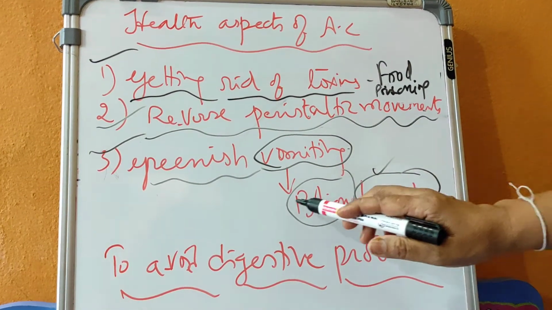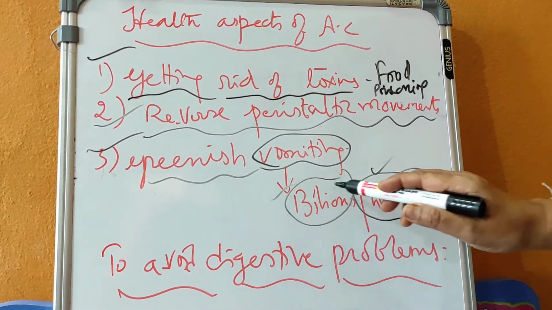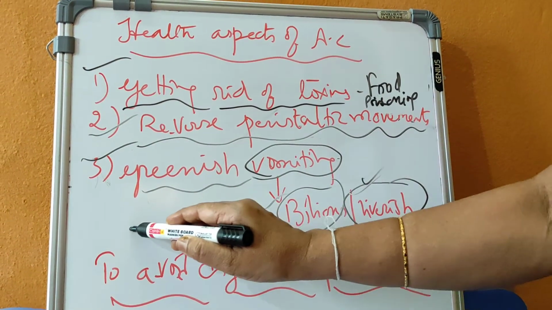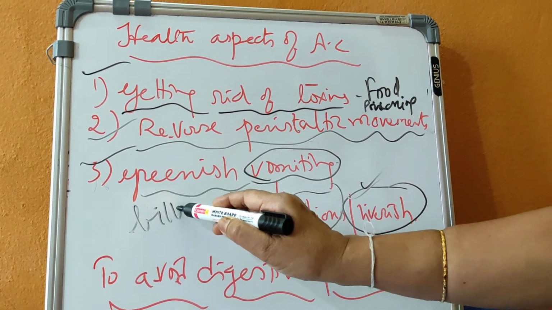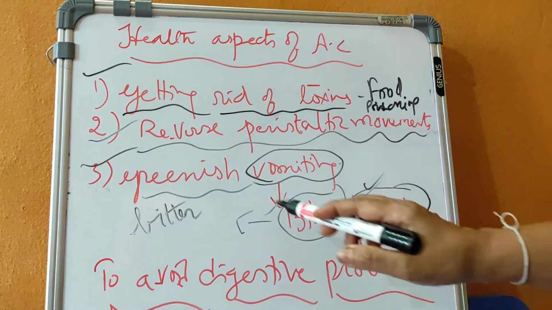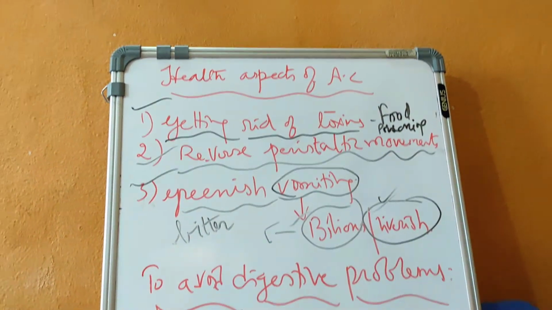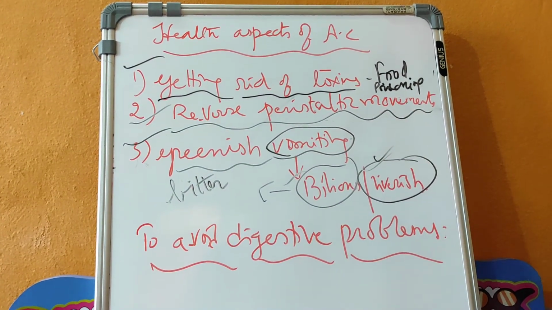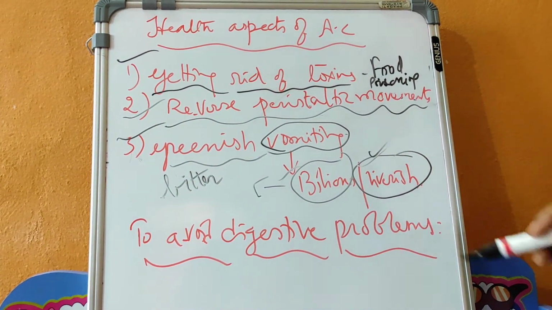This one we have already learned: bilious, or liverish, we say, and this is bitter in taste. What is the taste of this? Bitter. Most of you must have experienced this when we take outside food. It is bitter in taste and the liver is unable to cope with the excessive fat, and we feel nausea.